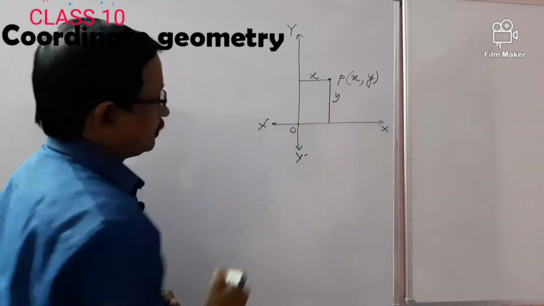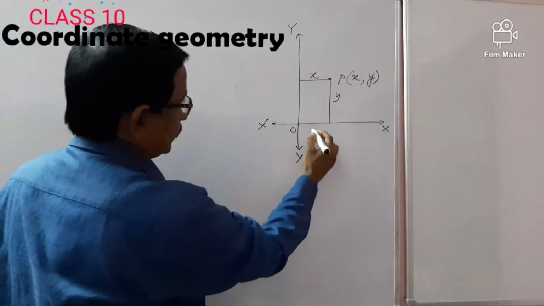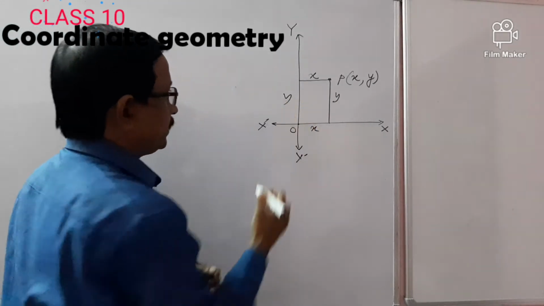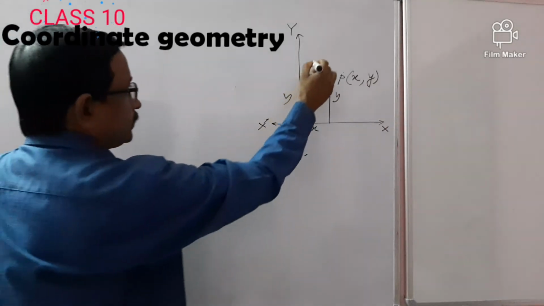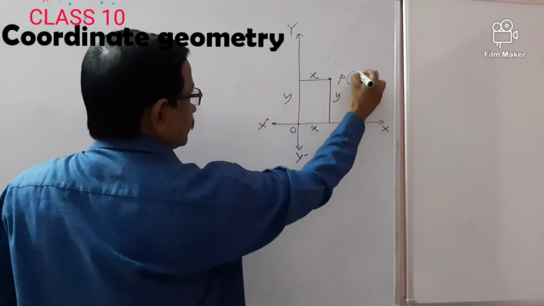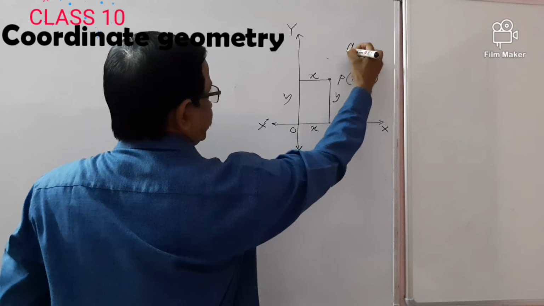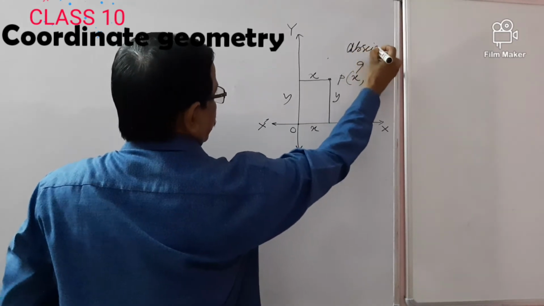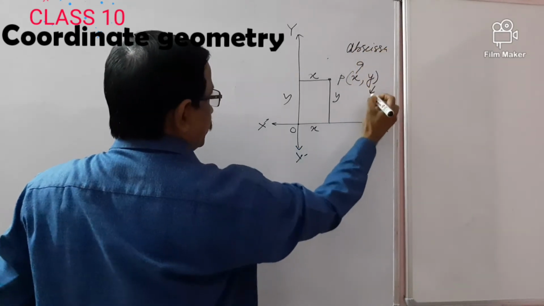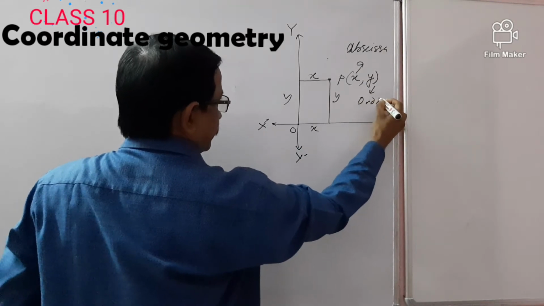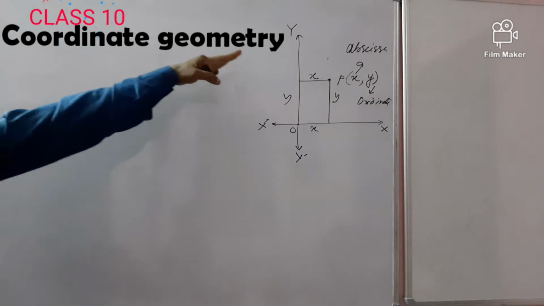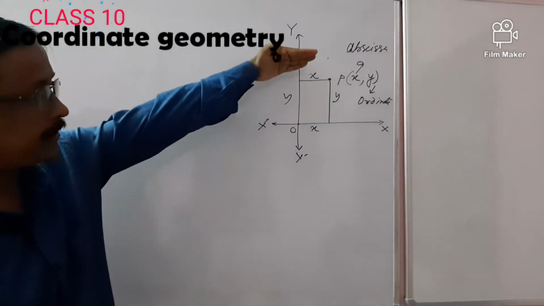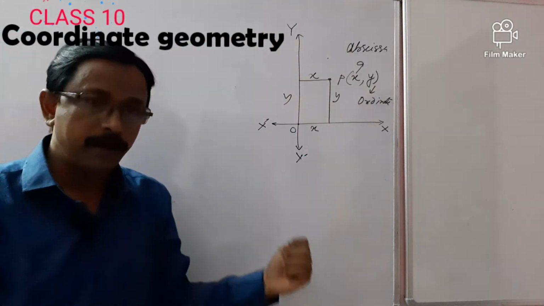So this one is x and this one is y. That coordinate we write as (x, y). This one is known as the abscissa, and this one is known as the ordinate. So by using two axis lines, we can locate any point on a plane.